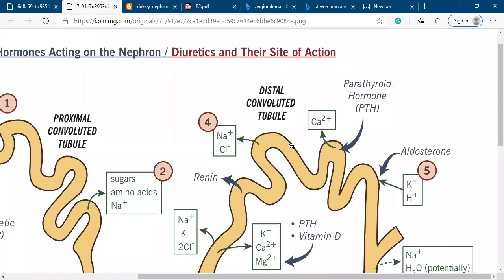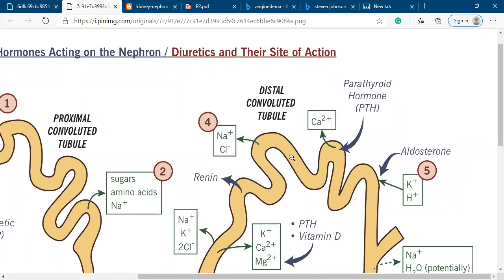The example of thiazide diuretics is hydrochlorothiazide, and they act on the distal convoluted tubules. We use them for chronic hypertension, as slow acting diuretics. They are slow acting, but loop diuretics or furosemide are rapid acting.